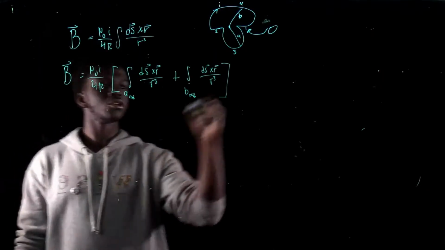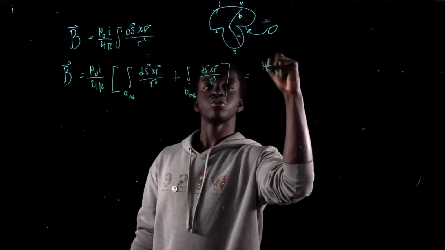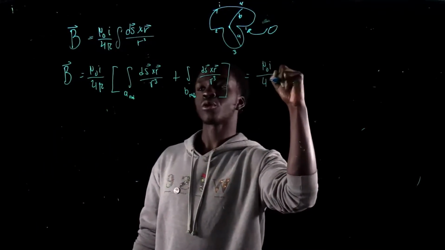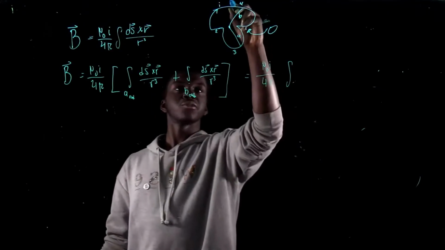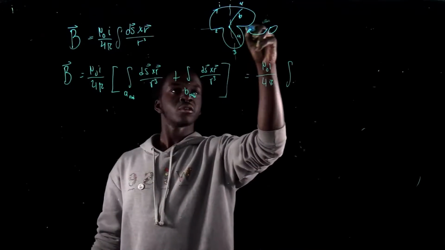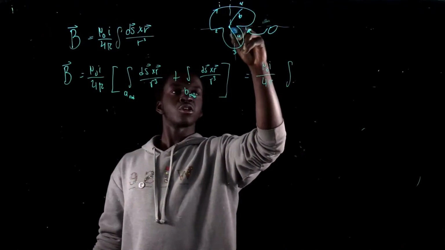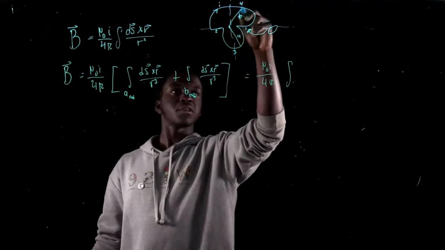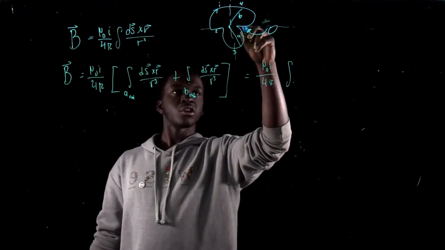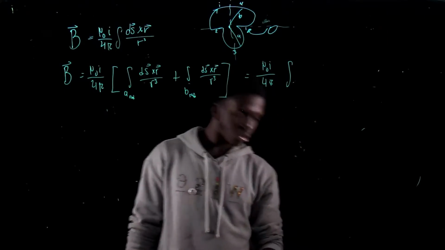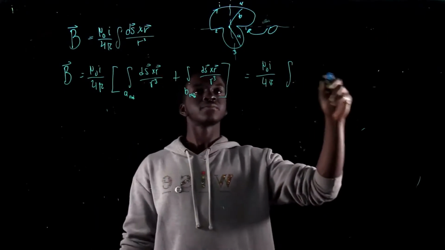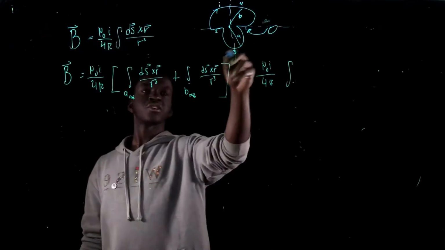So this is going to be equal to mu naught I over 4 pi. For the A radius, this is going to be our coordinate system right here. It's going to go from right here. The current is going this way.